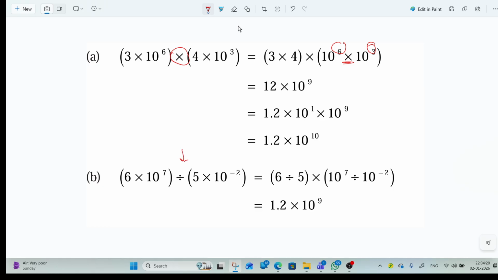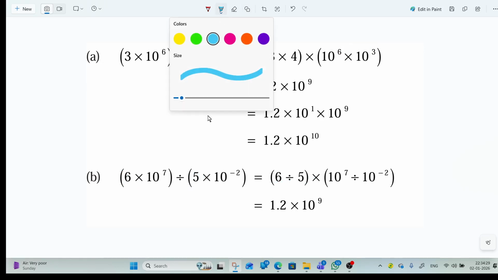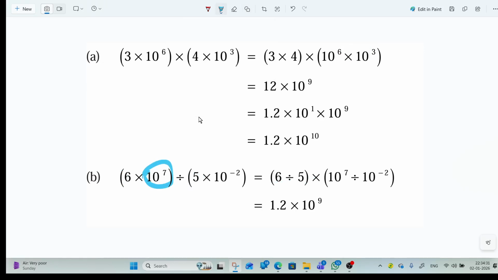But for division, again you write the numbers together: 6 divided by 5 is 1.2, and then you write the exponent part together: 10 to the power 7 divided by 10 to the power negative 2. Because they are in division, you subtract: 7 minus negative 2. Two negative signs together turn into a positive sign, so 7 plus 2 is 9.